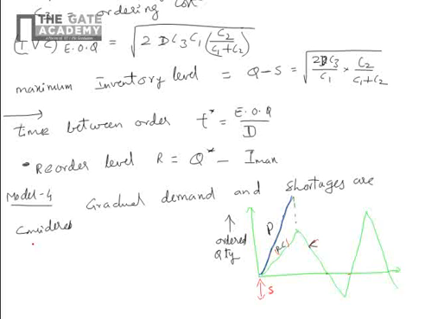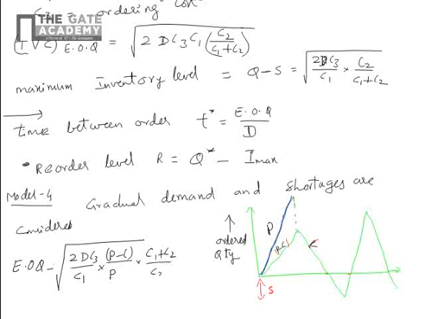So here, considering this economic order quantity after simplifying, 2D C3 by C1 is the basic one, and you need to add P by P minus C. After this, another one is considering shortages along with gradual demand: C1 plus C2 by C2.